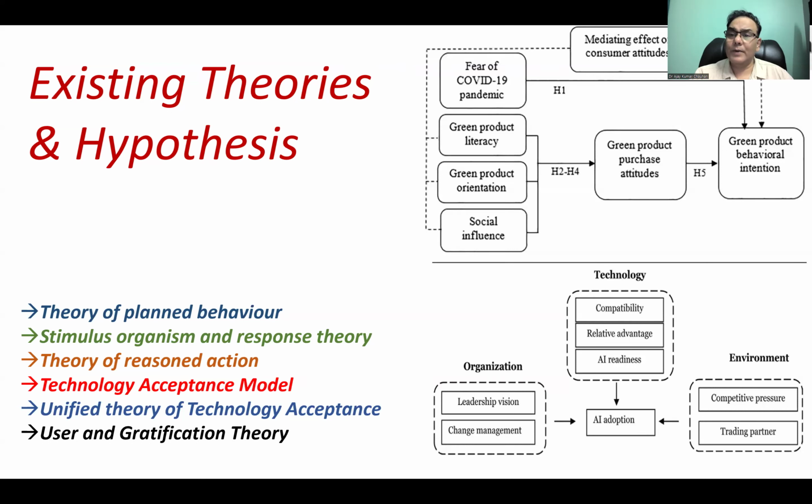Theory is not built yet, but there are many hypotheses in the literature. Similarly, green purchase, product attitude, green product. It is not based on any theory, although they take social influence from the existing theory, but it is not a theory. Like fear of the COVID pandemic, this is not a theory.